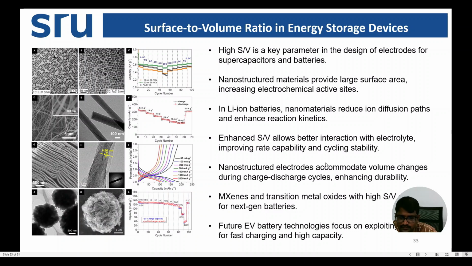These are different types of nanomaterials and nanostructures: zero dimensional, one dimensional, two dimensional, three dimensional.